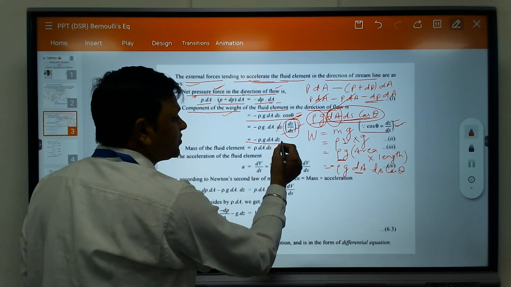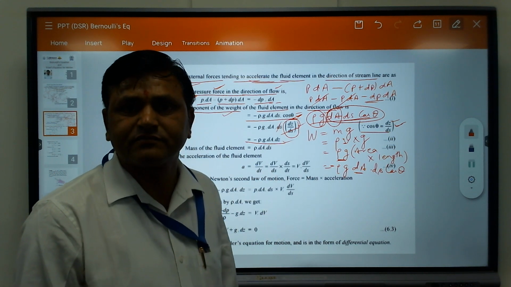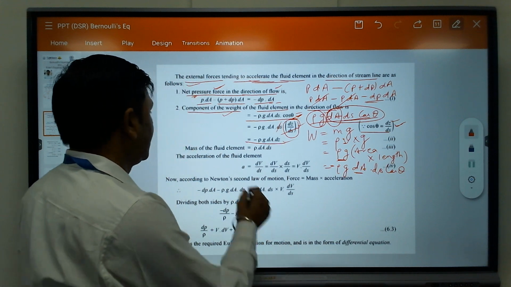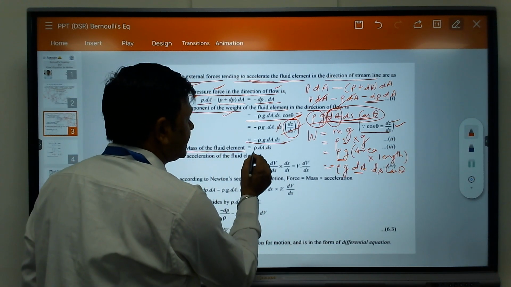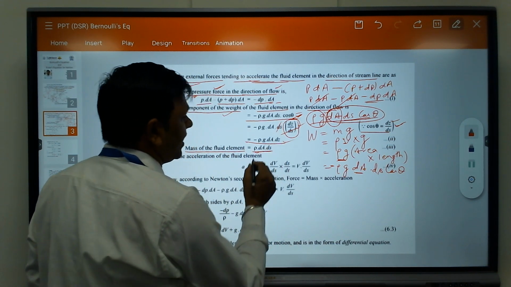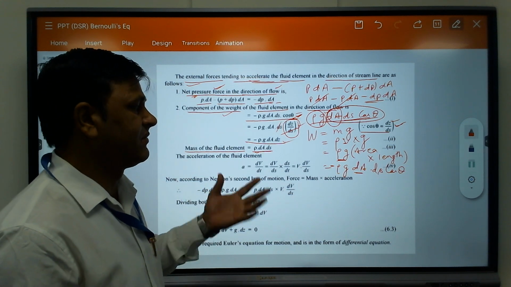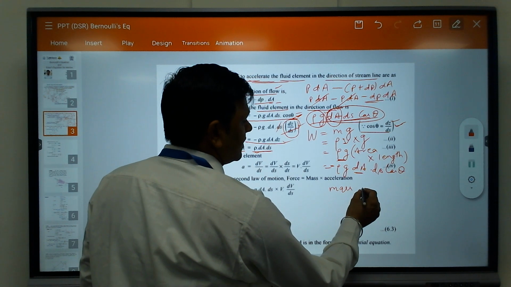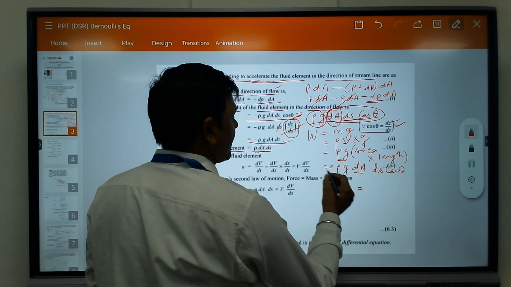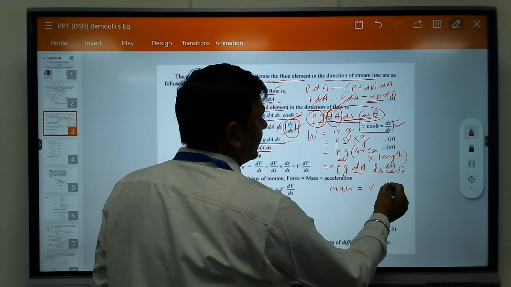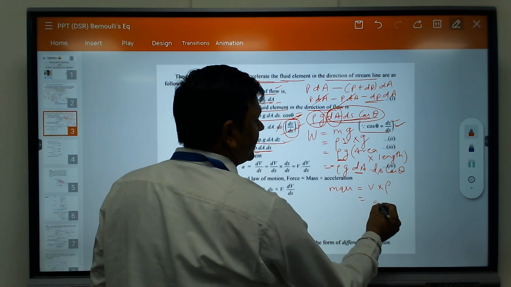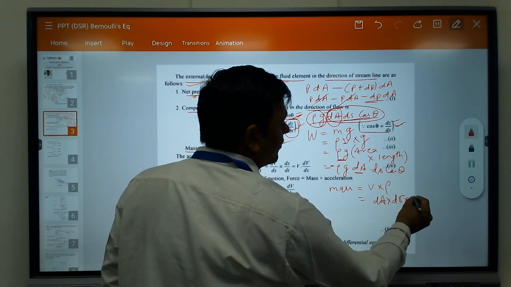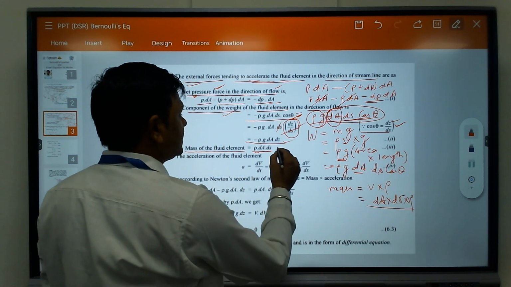Remaining terms: minus rho g dA dz. The mass of the fluid element is equal to rho dA ds, that is volume times density, dA into ds into rho.